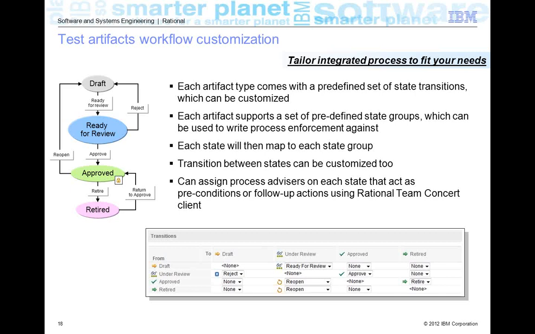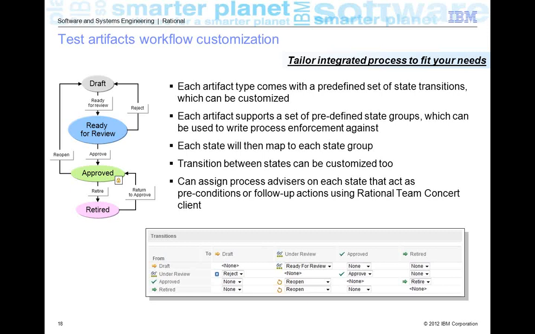From a workflow perspective, there is an inbuilt workflow available with the tool. The out-of-the-box workflow suggests every artifact is created in a draft state, and then you move to a ready for review state. When somebody approves it, it moves to an approved state, and from approved state either it can be reopened or it can be retired based on the process.